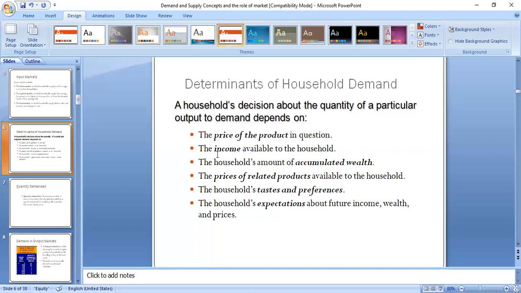If the income of the consumer increases, then more quantities of a commodity or service will be demanded, and if the income of the consumer reduces, less of the goods and services will be demanded. Then households' amount of accumulated wealth, of course, keeping other factors constant, increase in accumulated wealth.